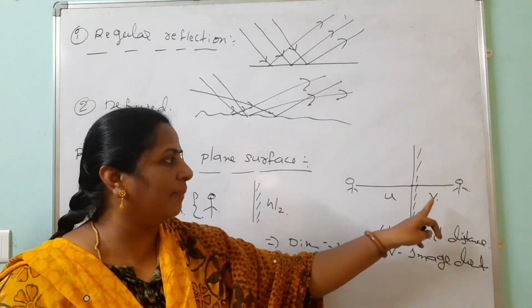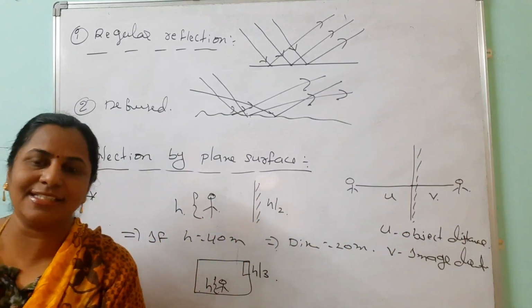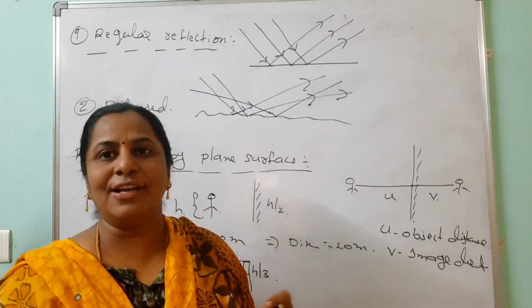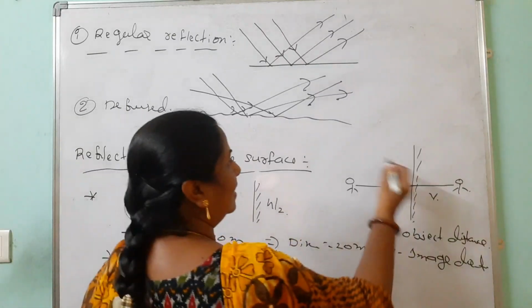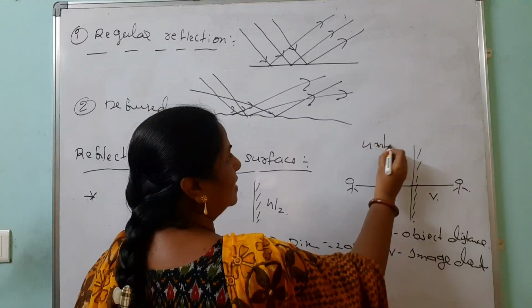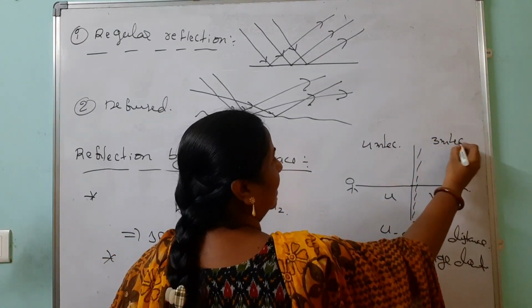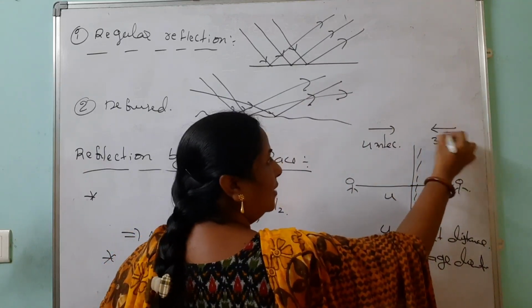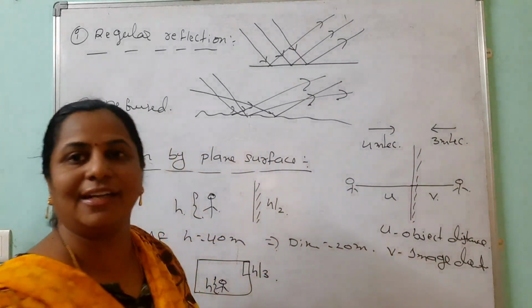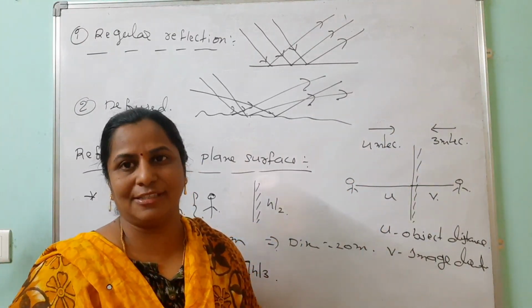At the same time, we should observe that the image is also moving away like this. Both are in opposite directions. Suppose the object is moving at 4 meters per second and the image at 3 meters per second, whenever it is moving towards the mirror and the image is also coming towards the mirror. Relative velocity is how much? 4 plus 3, 7 meters per second.